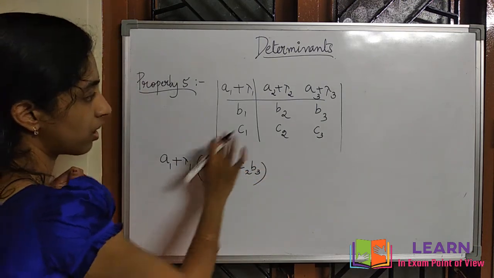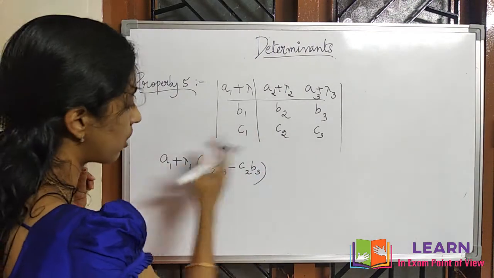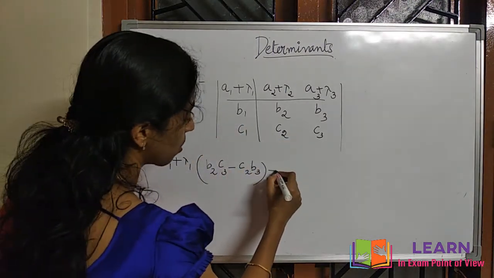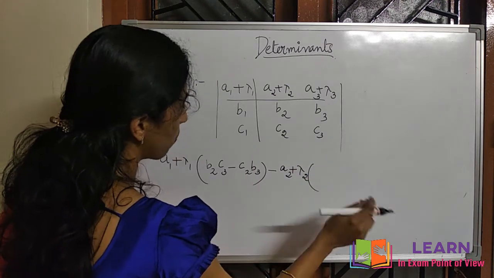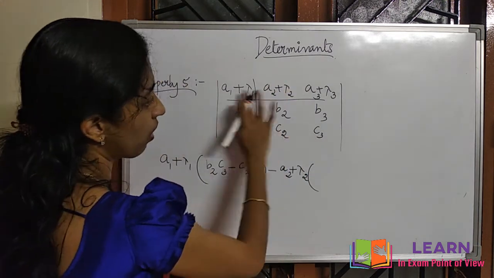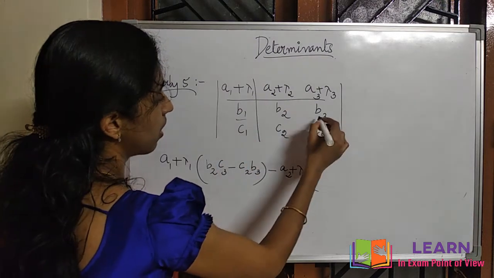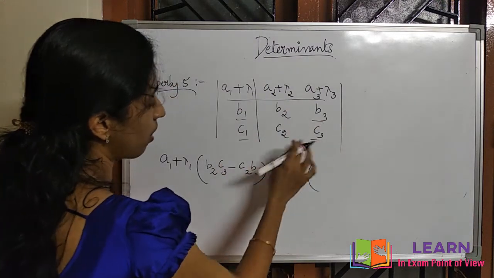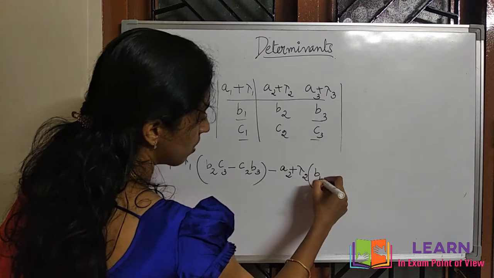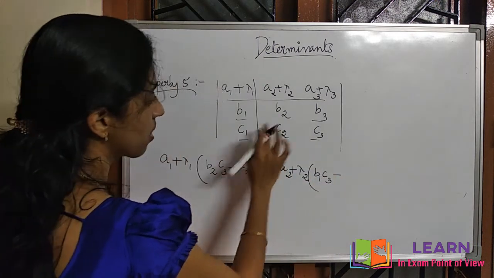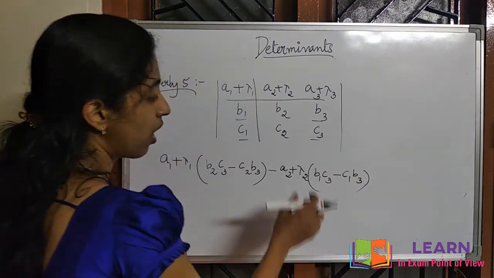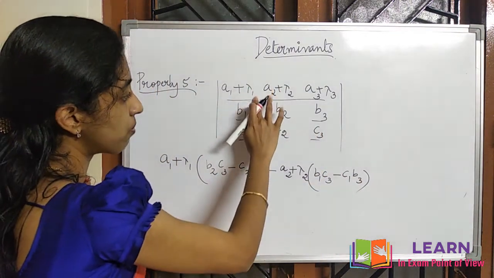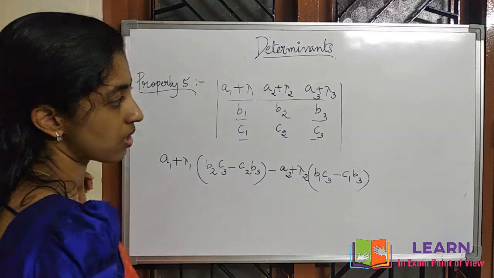Then for the next element the sign will change. We have minus a2 plus lambda 2. Its corresponding row and column just vanish in your mind. Then the remaining four elements give b1 c3 minus c1 b3. Then the last term we have a3 plus lambda 3.